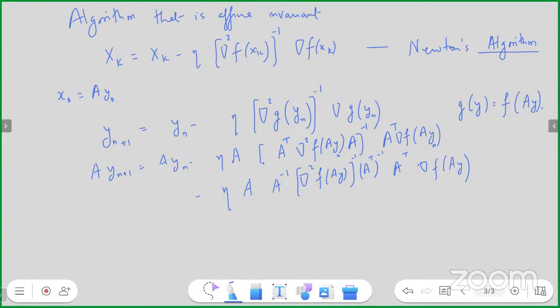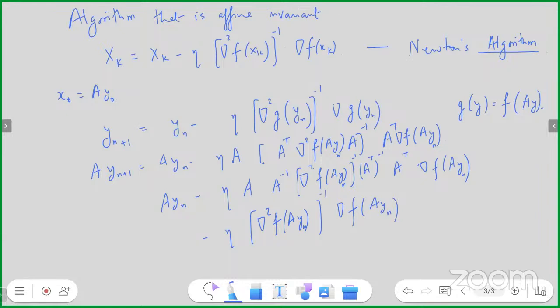So this is A yn minus eta del square. What is A yn? It is nothing but xn.